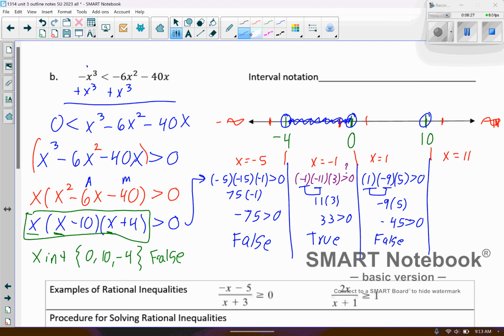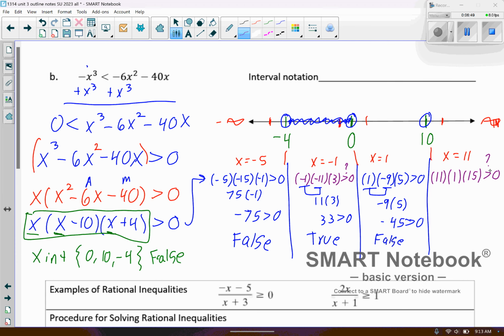And then my last one, we're going to plug in 11. So we're going to have 11 times, 11 minus 10 would be 1. And then 11 plus 4 would be 15. Is that greater than 0? All right, well, let's see.